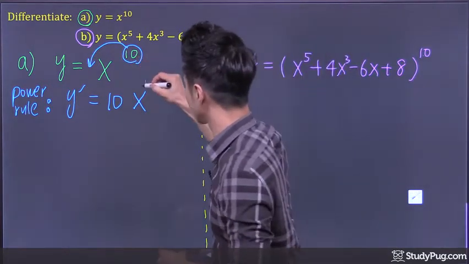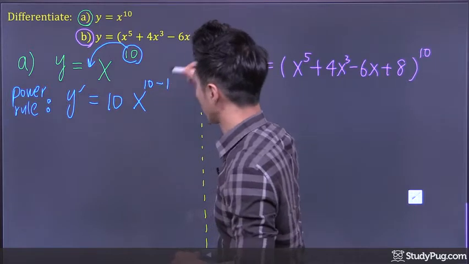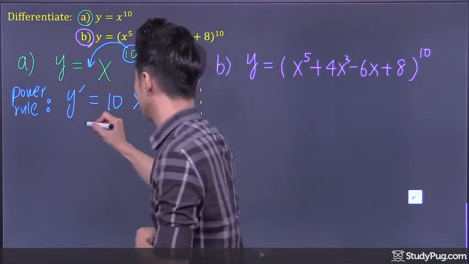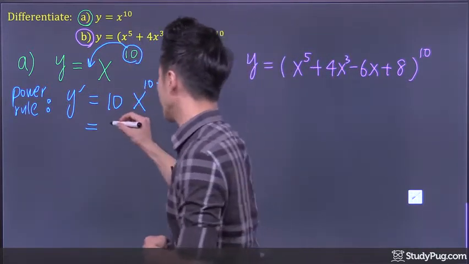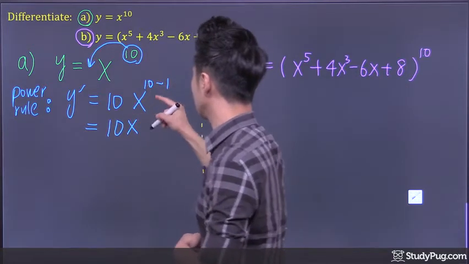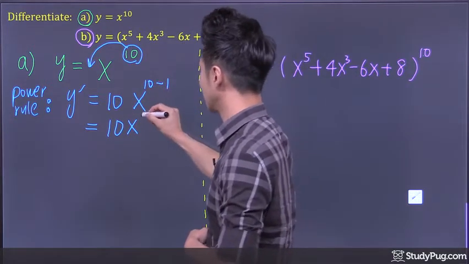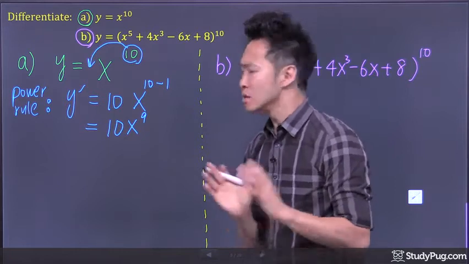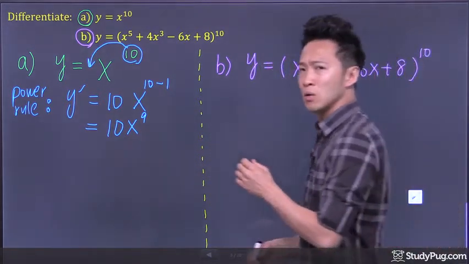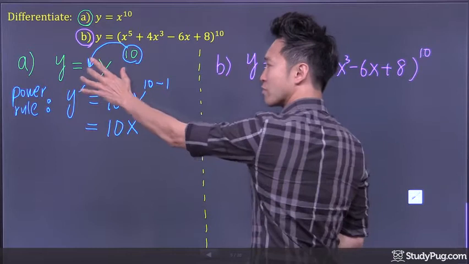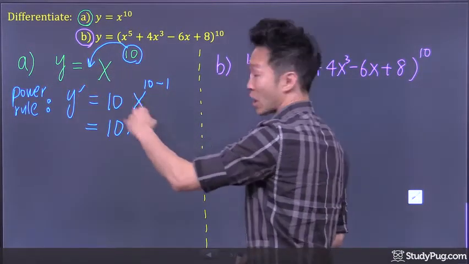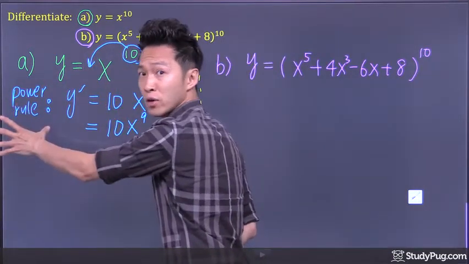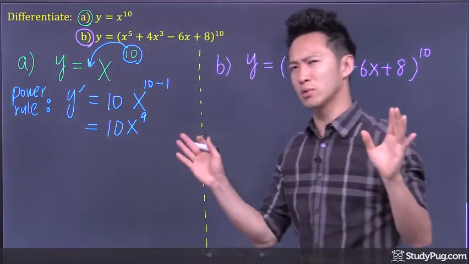So if the original exponent is 10, we simply subtract 1, right? So the derivative of this function is 10x to the power of 10 minus 1. That's 9. Okay? So as you can see, we were able to find the derivative of this function by using the power rule and the power rule only. See? Without using the chain rule.